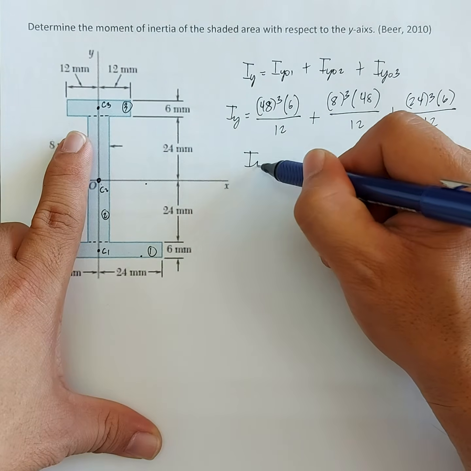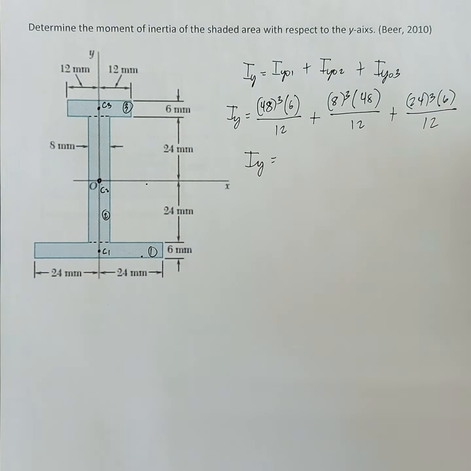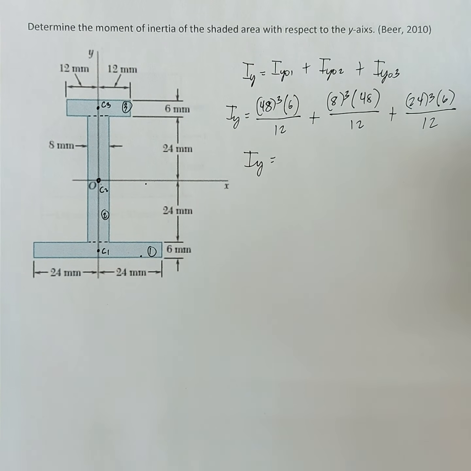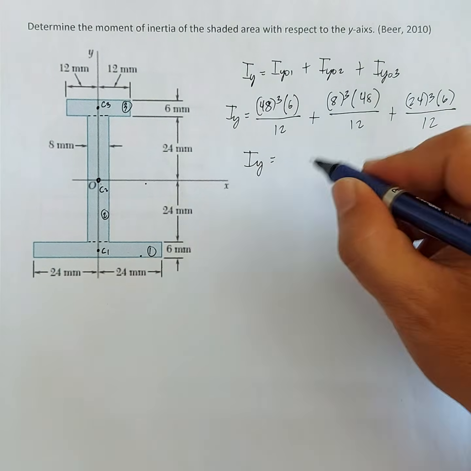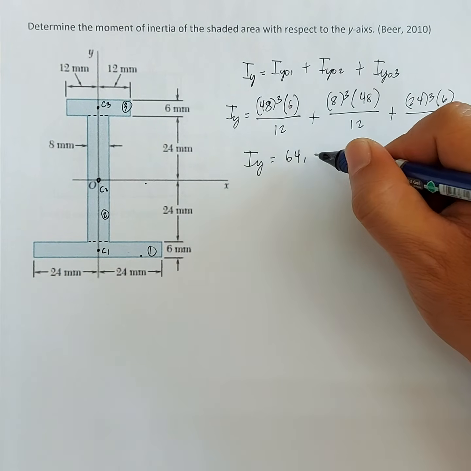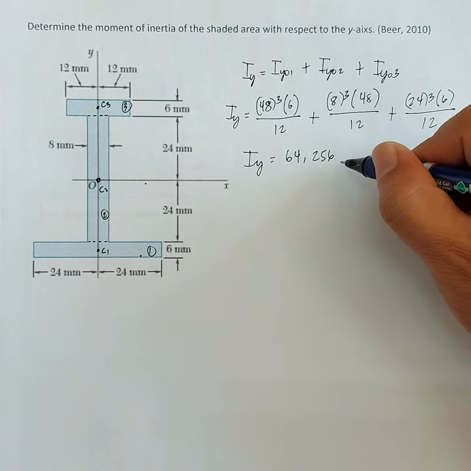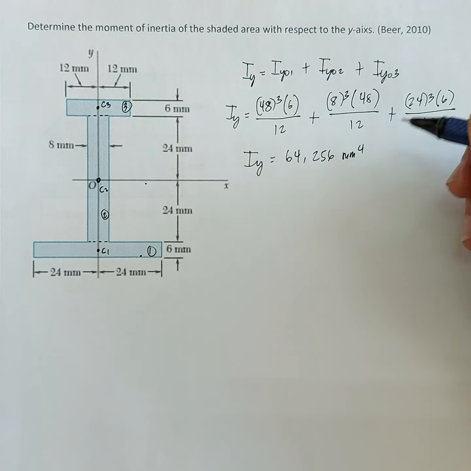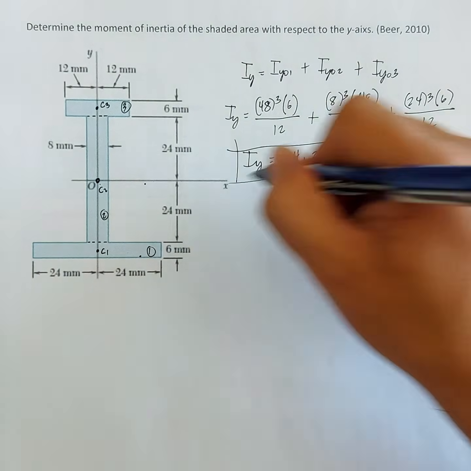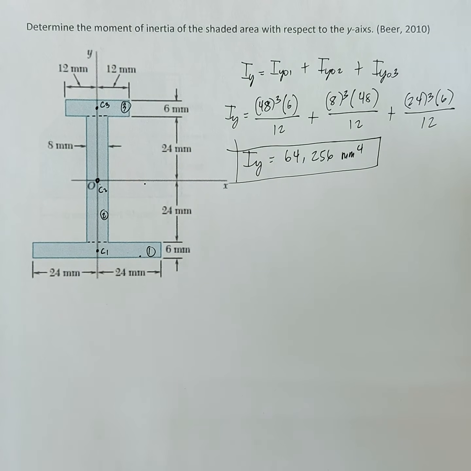Okay? So, yan na yung moment of inertia natin about the y-axis, which is equal to 64,256 millimeters to the fourth. Okay? So, that's how we solve for the moment of inertia.